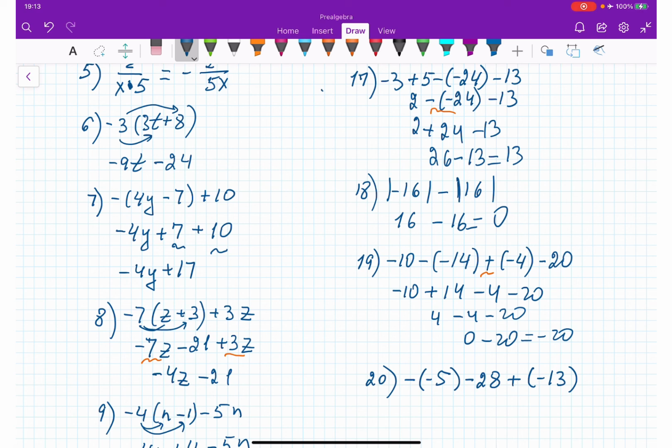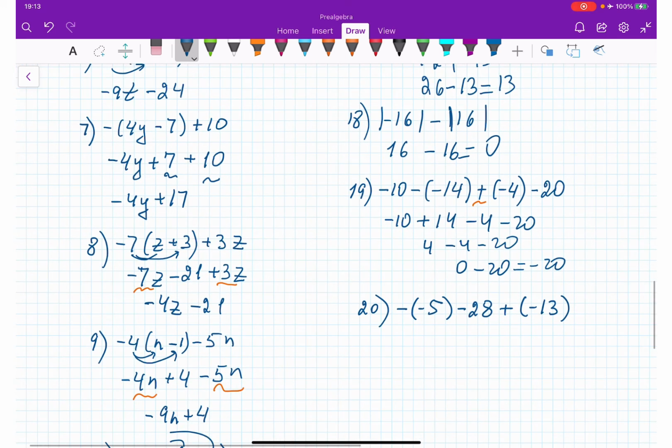All right, so first, negative, negative 5. We get positive 5 minus 28, and instead of plus I'll just put minus 13, right? And we get 5 minus 28 is going to be negative 23, right? Negative 23 and negative 13, it's going to be negative 36.